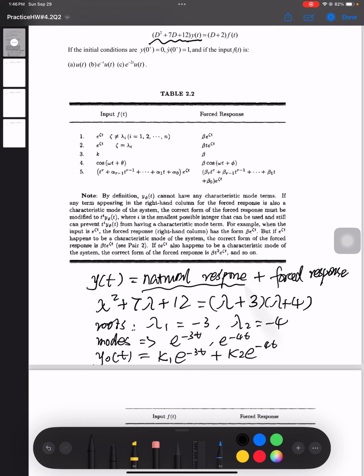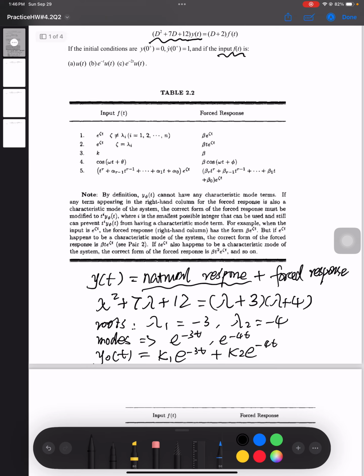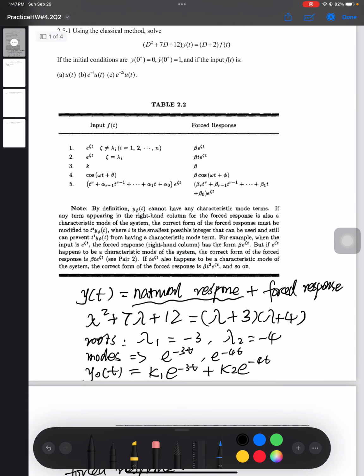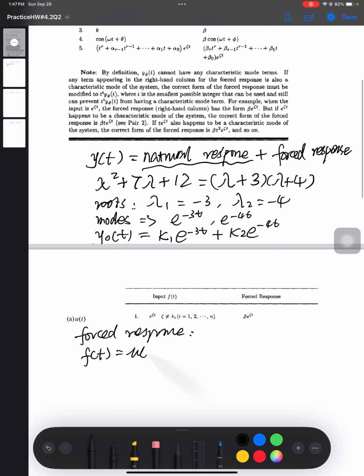Which is this part. For the forced response, we need to consider the input f(t). So let's deal with the forced response. For the first input, f(t) equals u(t), because we need to use this table.